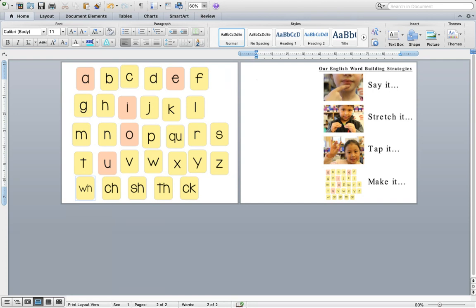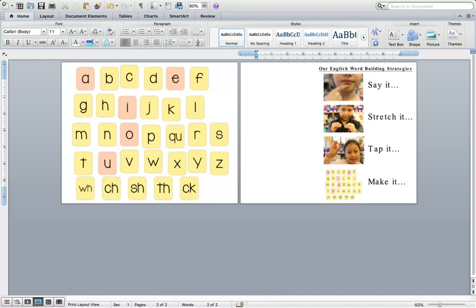Is it w, i, or z? What's the first sound that we tapped out in the word whiz? W, right? That's the first sound.